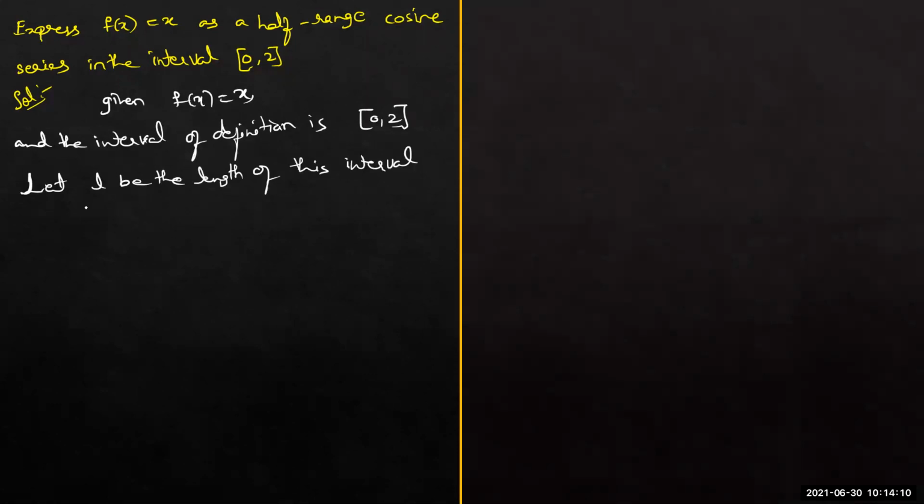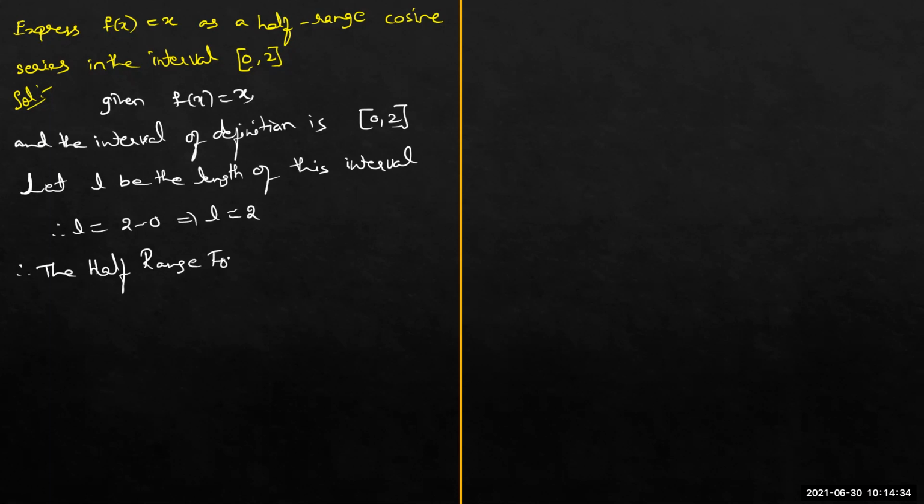Why am I taking it as L this time? Because the question is to calculate the half range series. Let L be the length of this interval. Therefore, L is equal to the length, 2 minus 0, which is 2. Now the value of L is 2, right? Keep that in mind. Now, therefore, the half range, I'm just writing the formula for convenience.